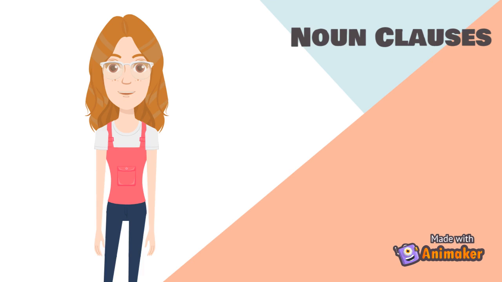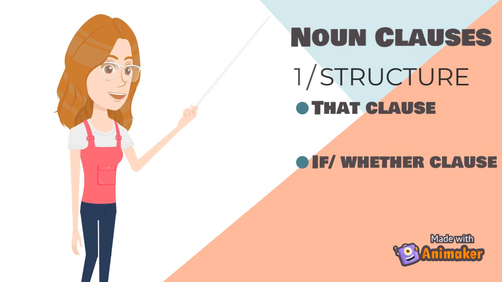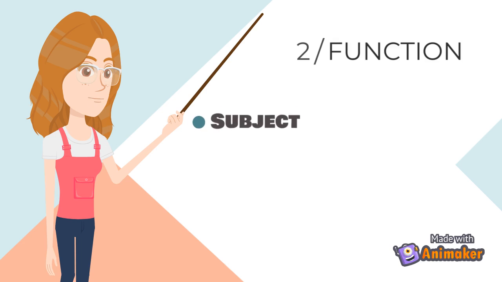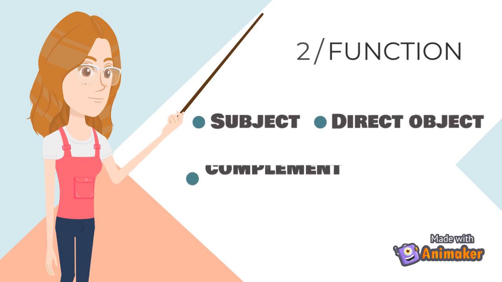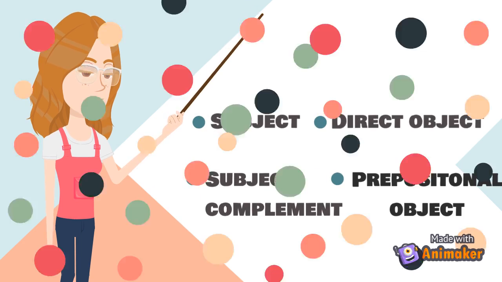First, we have the structure of our clause, which would be that clause, if/whether clause, or WH clause. Then we have the function, which can be divided into subject, direct object, subject complement, and prepositional object.